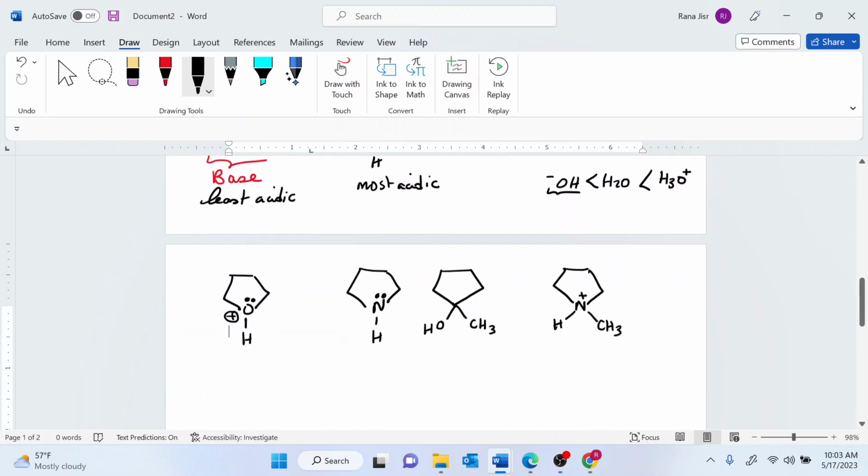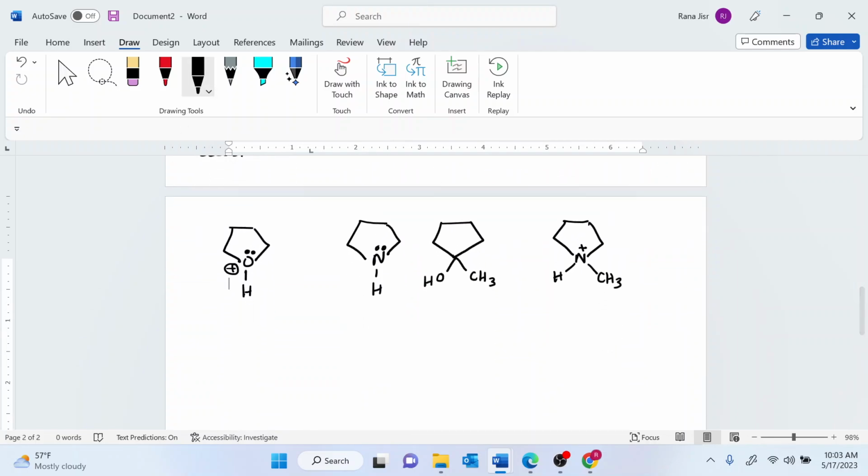Let's have another example and arrange these compounds in decreasing acidity. Decreasing acidity means that I want to start my rank from the most acidic to the least acidic.